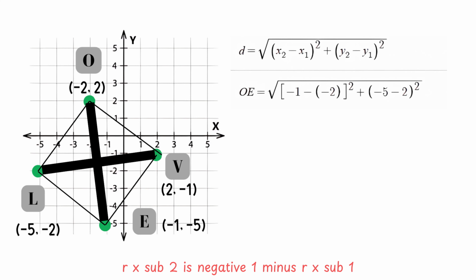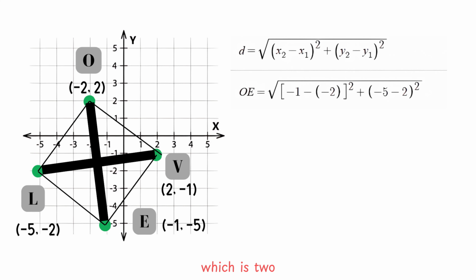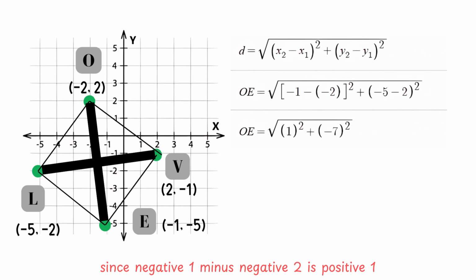Our x sub 2 is negative 1 minus our x sub 1 which is negative 2, plus our y sub 2 that is negative 5 minus our y sub 1 which is 2. Then perform the operation, so this becomes positive 1 squared, since negative 1 minus negative 2 is positive 1, and this becomes negative 7 squared because negative 5 minus 2 is negative 7.